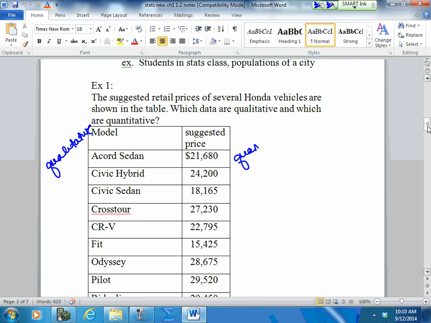Quantitative. I can say this one is $3,000 less than this one. This one's $3,000 more than that one. I can say it's 1.5 times as much, half as much, a quarter as much. If I can make any math statement at all on it, it's quantitative. If I can't make a math statement, it's qualitative.